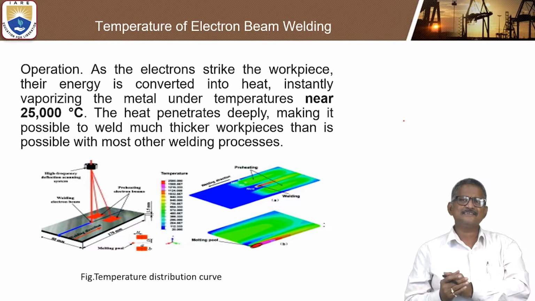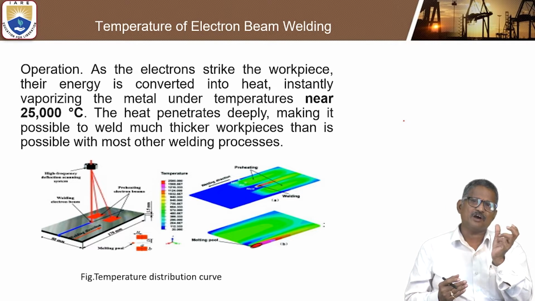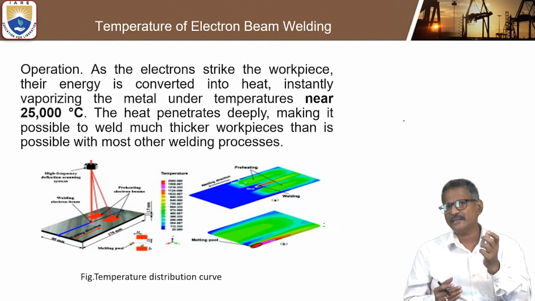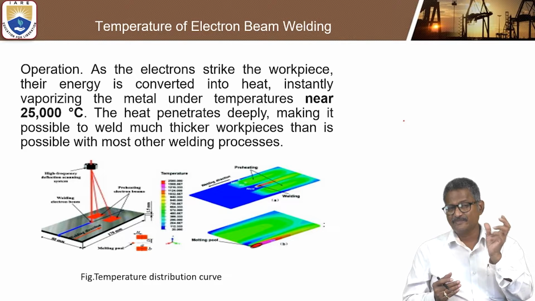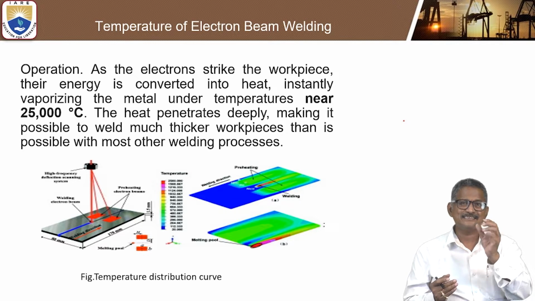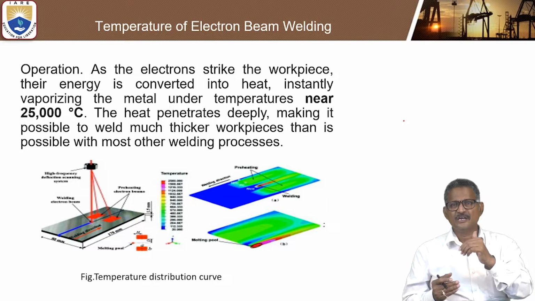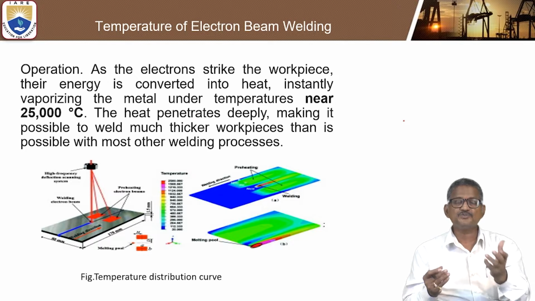Now let us see how the temperature of electron beam welding occurs and how it can vary. The temperature distribution can be explained with a temperature distribution curve.